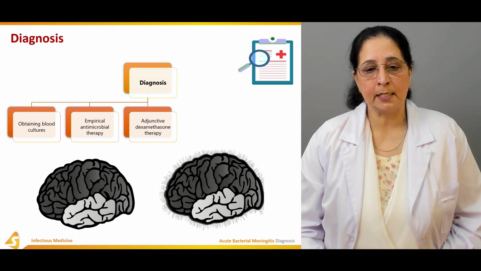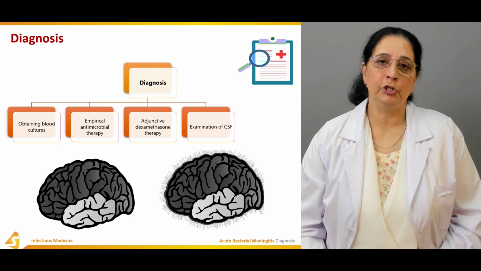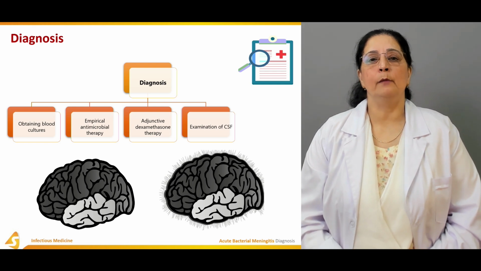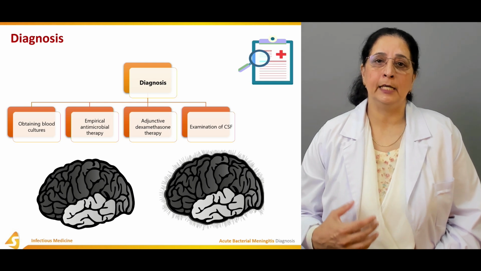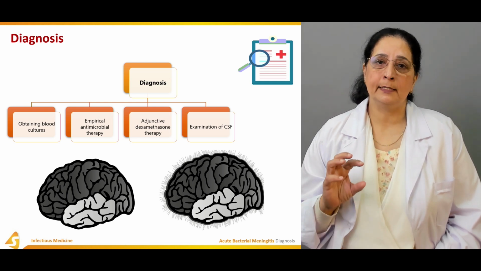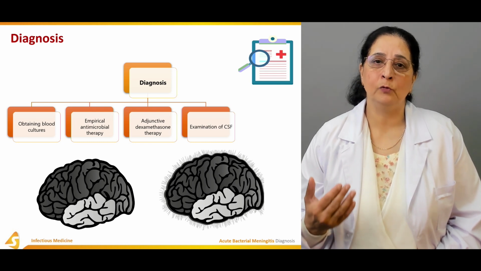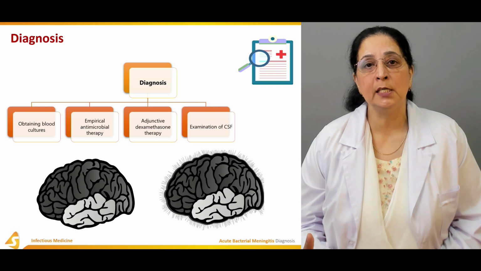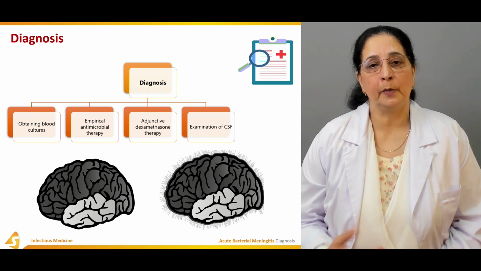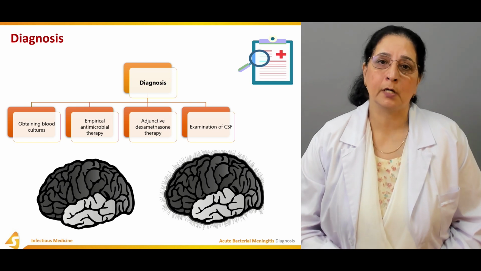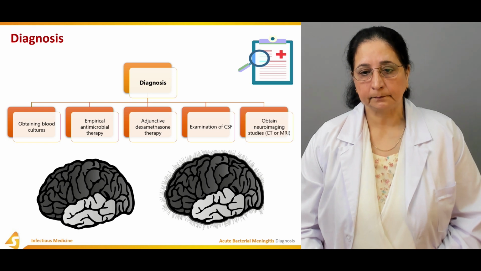Then adjunctive dexamethasone therapy. Examination of CSF is very, very important to find out meningitis. So cerebrospinal fluid examination, the level of glucose, level of protein in the cerebrospinal fluid, culture of the cerebrospinal fluid, is very, very important in the diagnosis of meningitis.